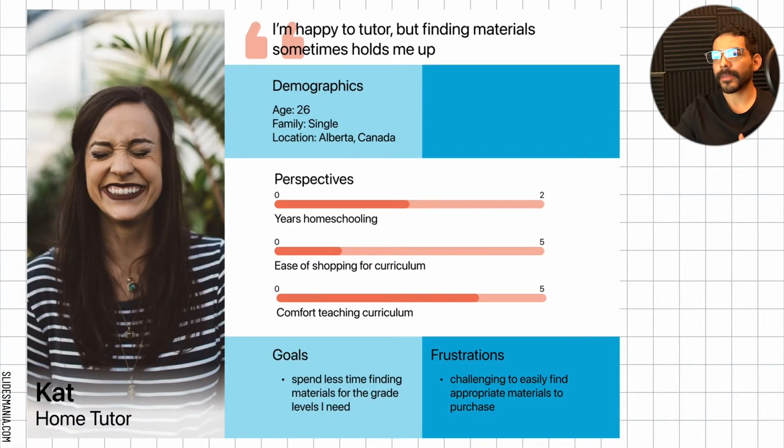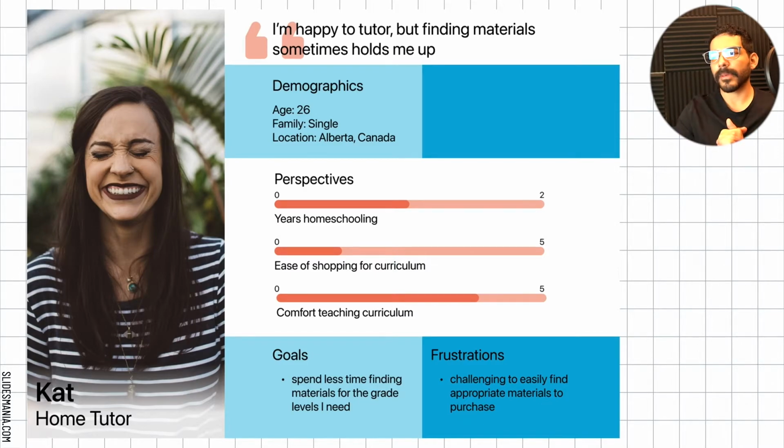So here we have Kat. She's 26. She's from Alberta, Canada. She quotes, "I'm happy to tutor, but finding materials sometimes holds me up." Years of homeschooling is about 1 year. Ease of shopping for curriculum is pretty difficult for them, and they're pretty confident teaching because they've probably done it already, or they're comfortable teaching it.